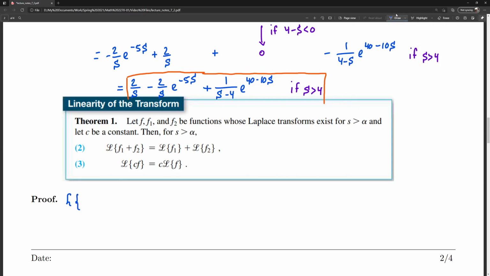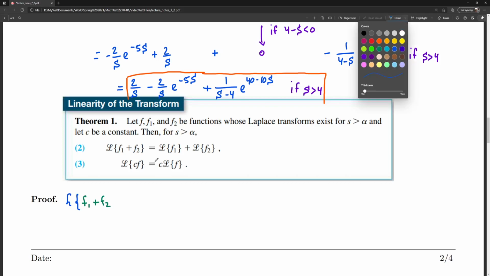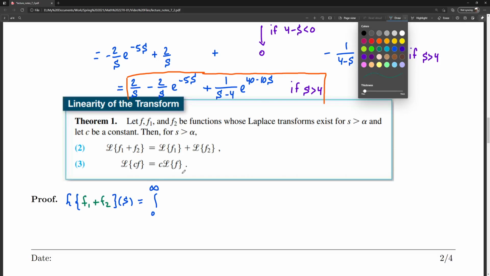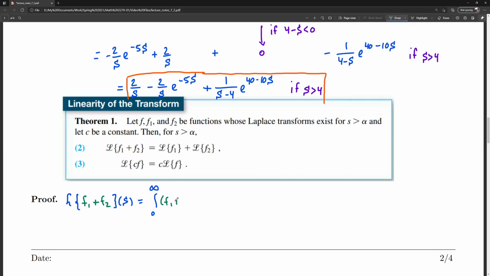So if I take the Laplace transform of f1 plus f2, then that is, by definition, the improper integral from 0 to infinity of f1 plus f2 times e to the power negative s times t, dt. And I can split that up as follows. I can distribute that.